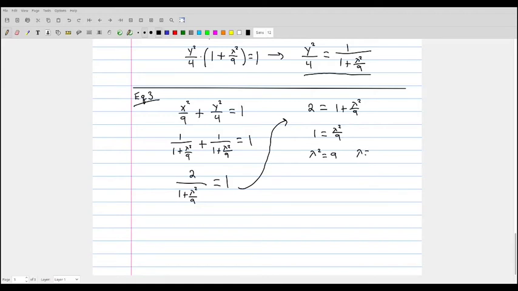So lambda is equal to plus or minus the square root of 9, which means that lambda is equal to plus or minus 3. So the two Lagrange multipliers that work for this problem are plus and minus 3.